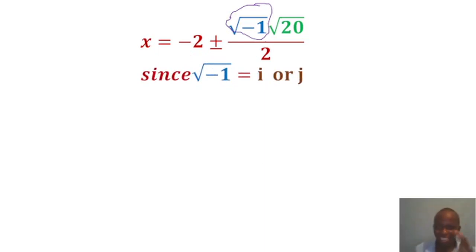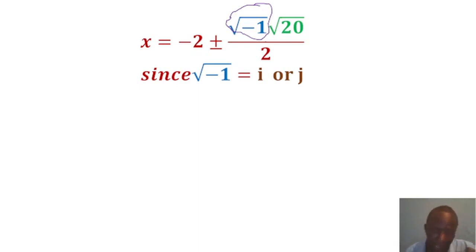Now, what is I? I represents an imaginary number. In pure mathematics, we normally use I. In engineering, especially electrical and electronics engineering, there's calculation involving current, and because I is used to denote current, to avoid confusion, J is used.